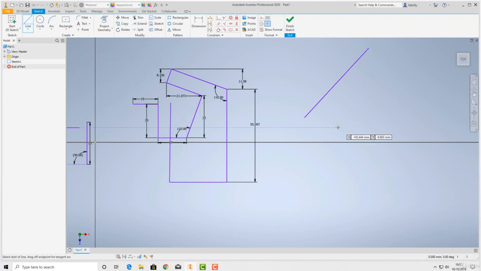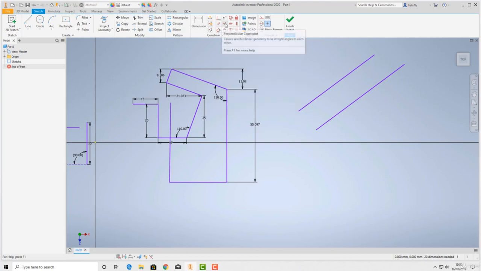Okay, it might be that you just want to draw something. You just want these two lines parallel, in which case you can click on parallel constraint. Doesn't necessarily mean they need to be a specific angle, but they just want to be parallel. You can use a parallel constraint to do that.